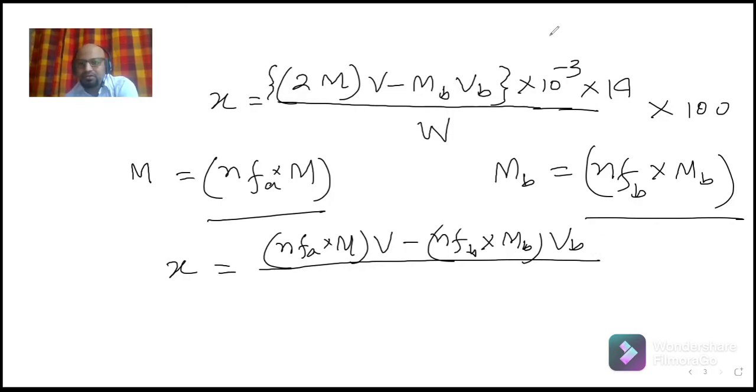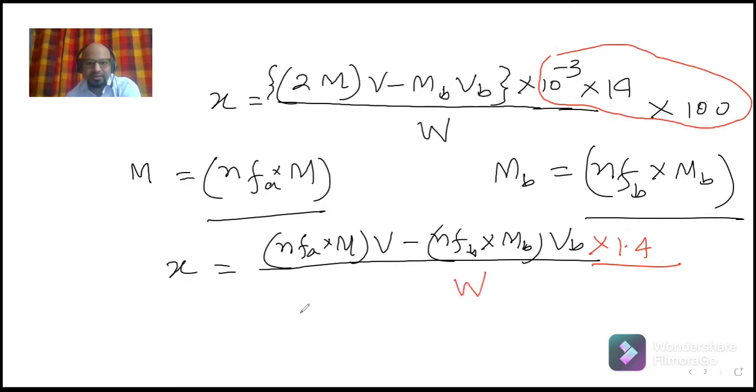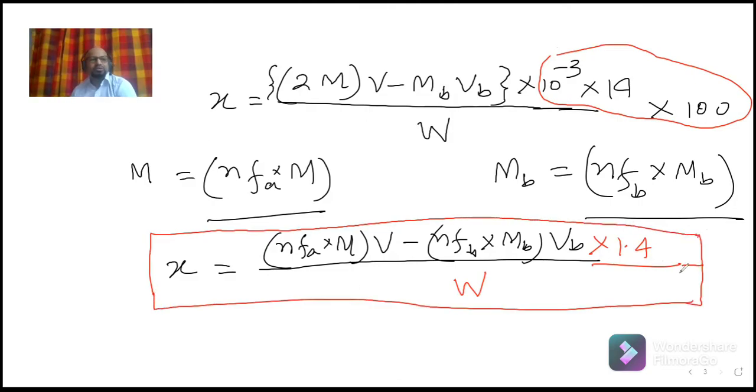Now, if you just calculate all this together, then you will find it is coming out to be 1.4. So I'm writing 1.4 divided by W of the sample. Now you can see this particular formula, and I hope by this formula you can do any sort of calculation for the Kjeldahl method. I'm giving an example.